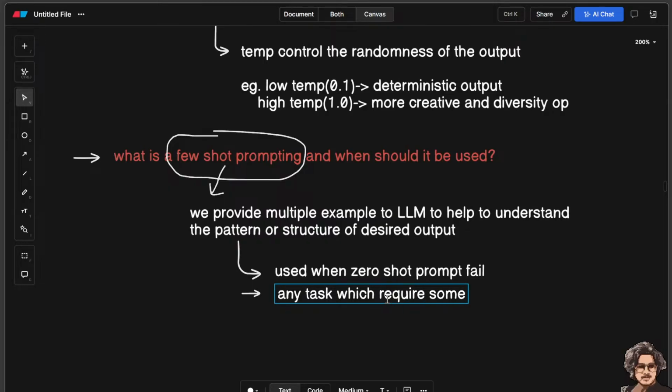Any task which requires some demonstration or examples.